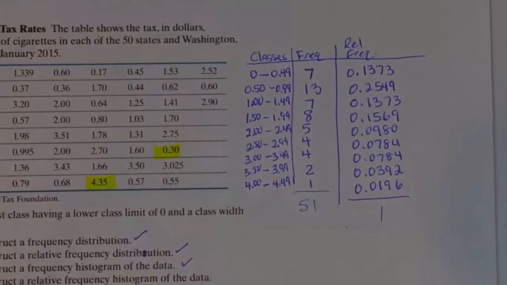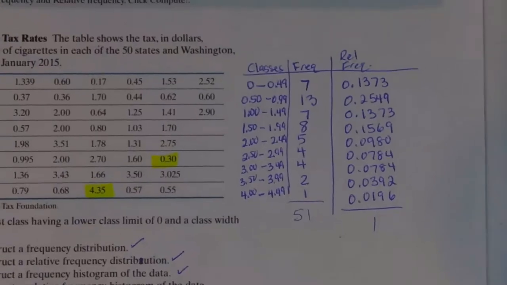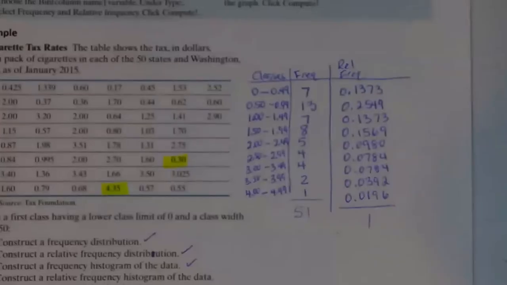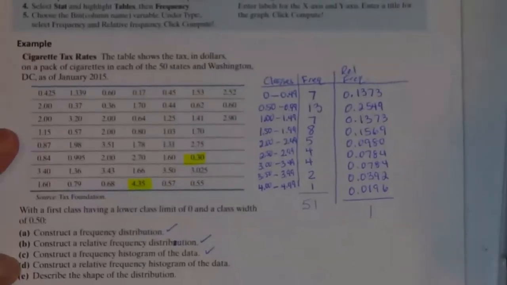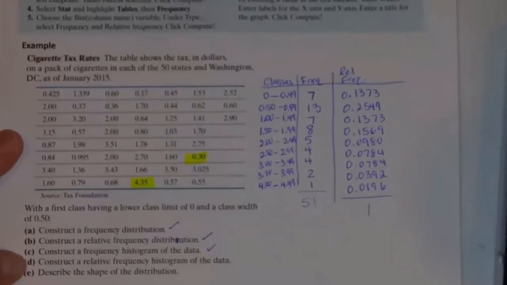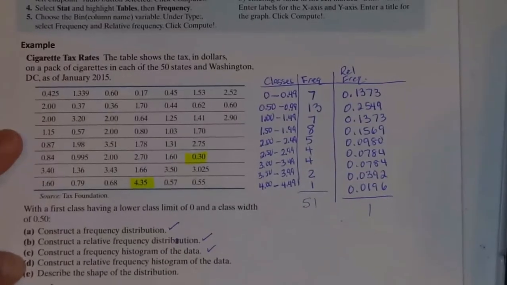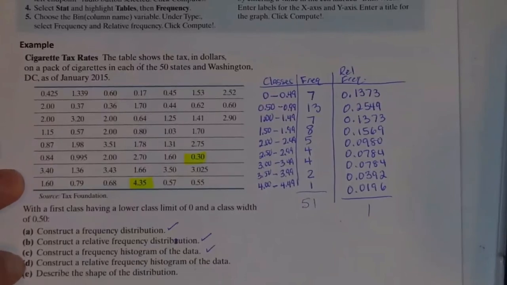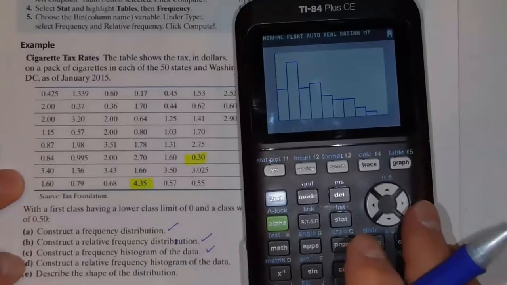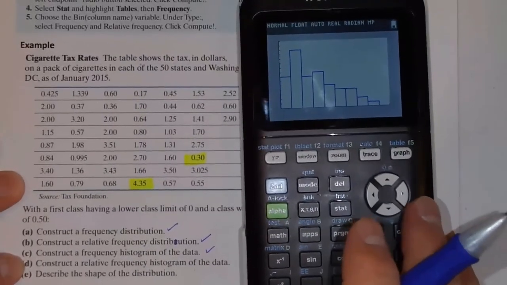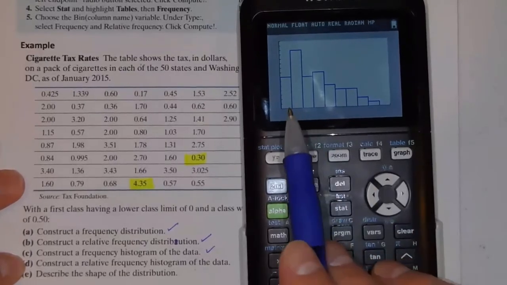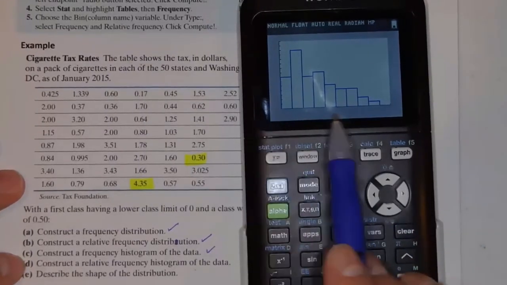Now, if I want to describe the shape, so if we want to describe the shape of the distribution, if I look at this histogram on my calculator, again, our choices are uniform, bell shape, skewed left, skewed right.